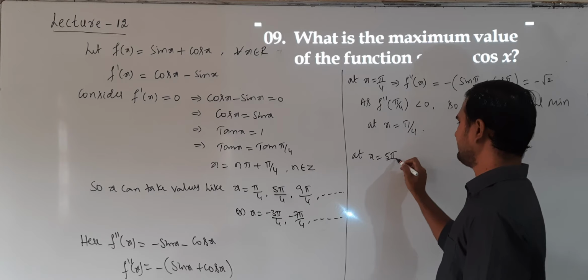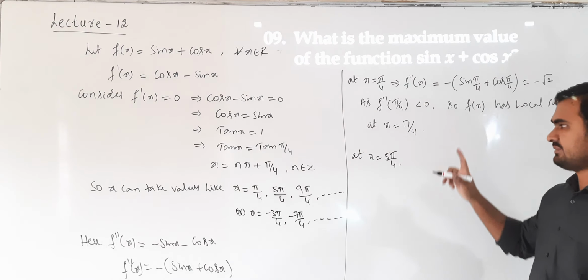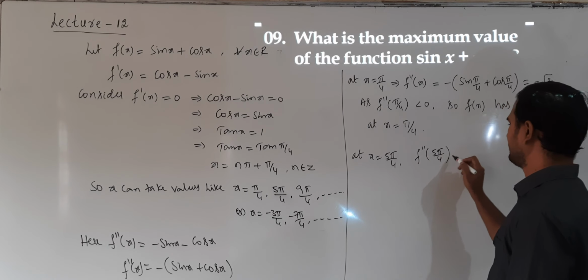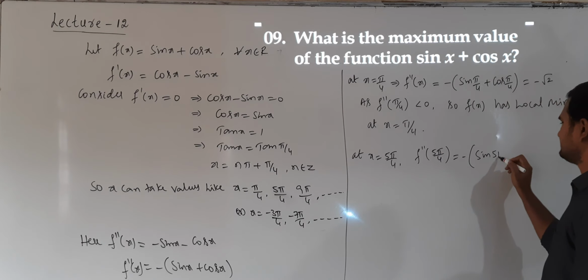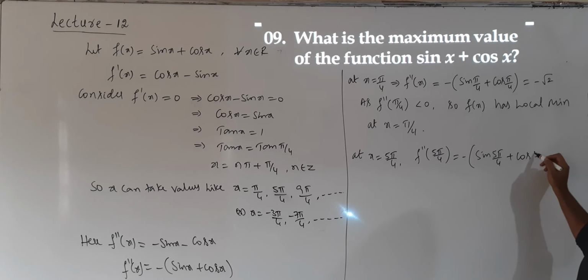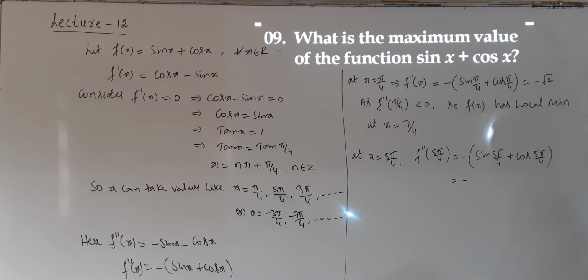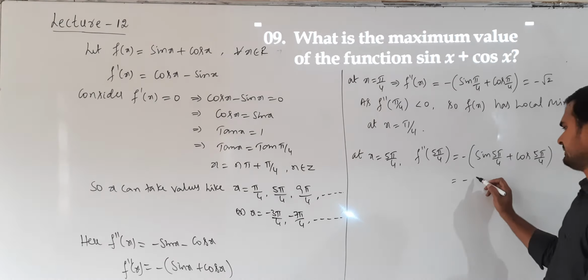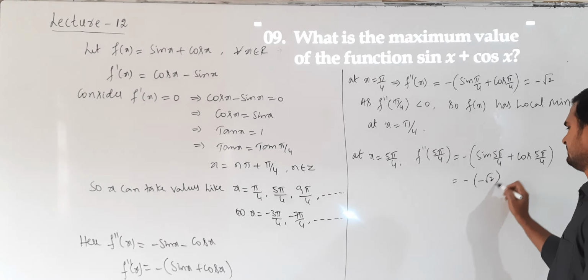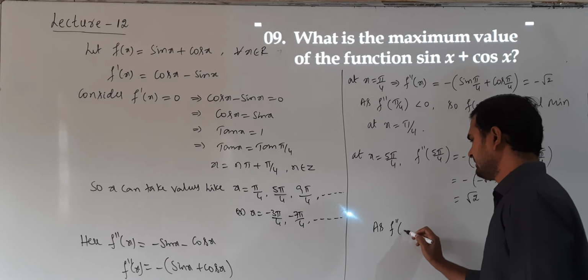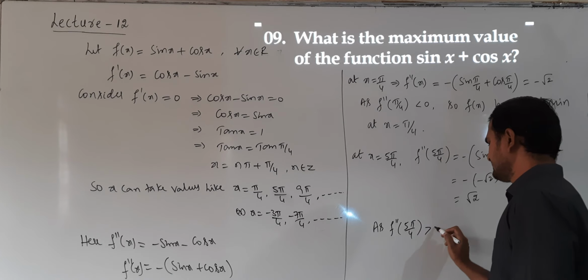Next, at x equal to 5 pi by 4, what about f double dash x? Minus of sin 5 pi by 4 plus cos 5 pi by 4. Sin is negative, cos is also negative: minus 1 by root 2, minus 1 by root 2, minus 2 by root 2, which means minus root 2, and so in total it is plus root 2.